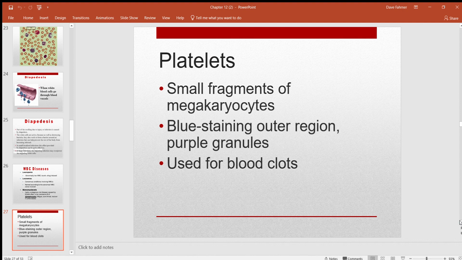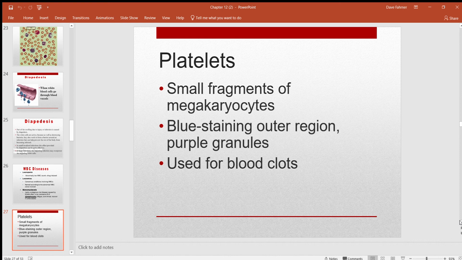The third kind of blood cell that we find in the blood is what we call a platelet. And the unusual thing about platelets is it starts out as one of the biggest cells in the body. It's called a megakaryocyte. And what happens is somewhat similar to what happens in a red blood cell.